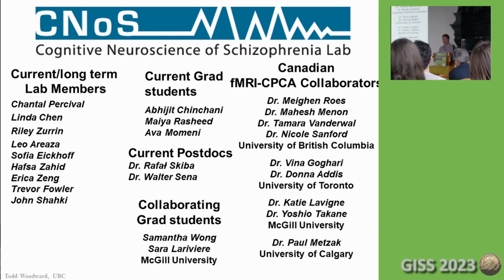I think it's the Oxford group, a Science paper a few years back, showing that you could predict the maps that you get from task fMRI using resting state fMRI. What does it tell you, or what are your thoughts about that? I have two thoughts about it.